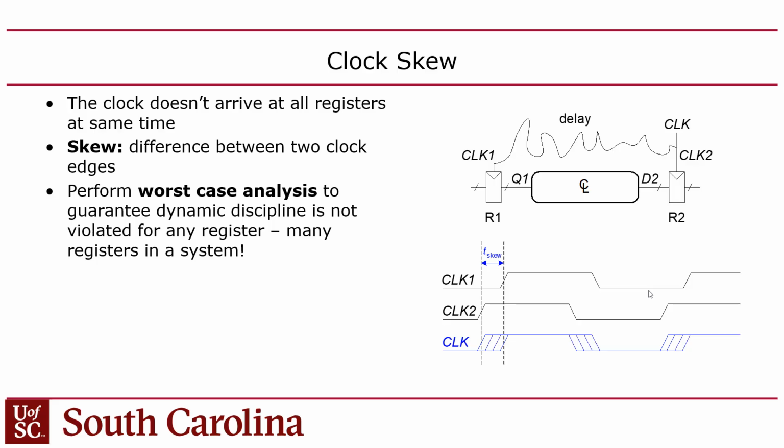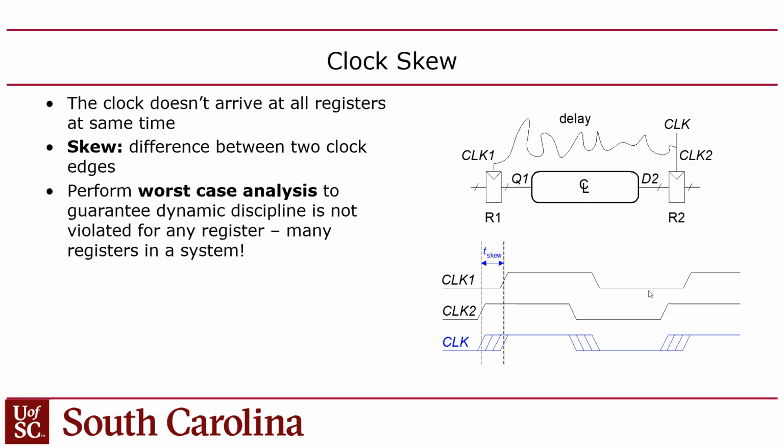In other words, the rising edge is going to be seen by the source register closer to the clock pin before it's seen on the register that's farther from the clock pin. So if you have the input register closer to the clock pin than the output register, it extends the clock period, right?